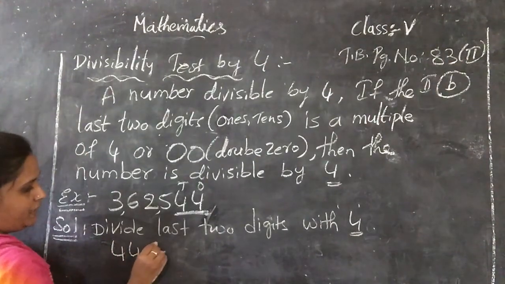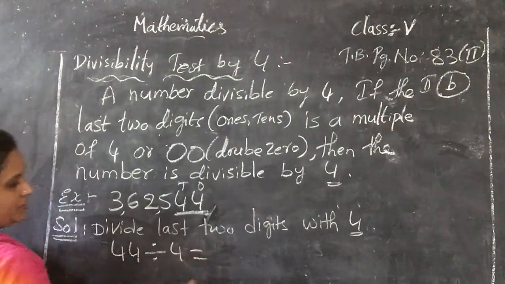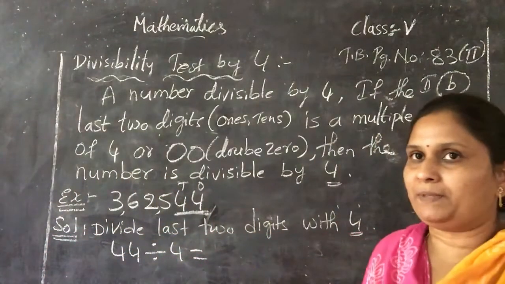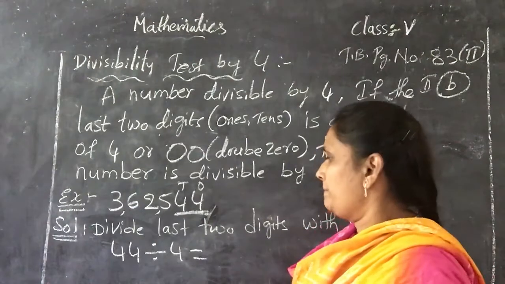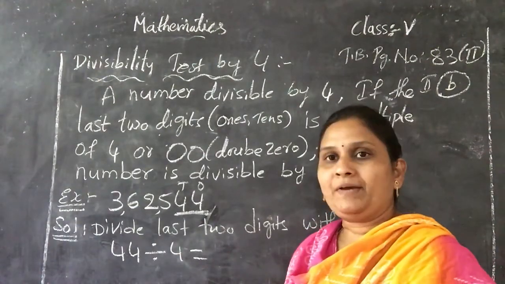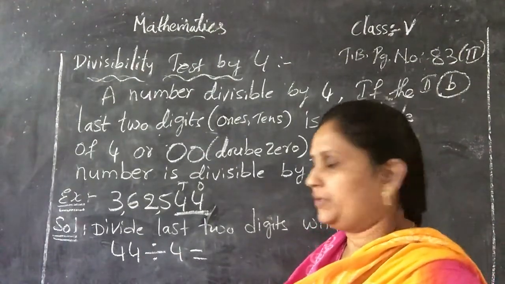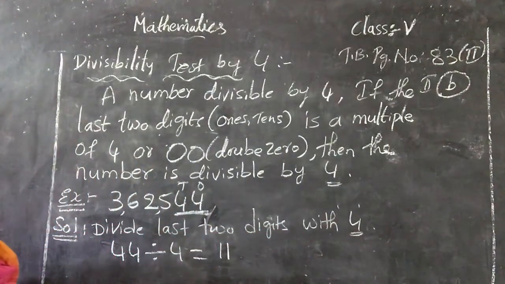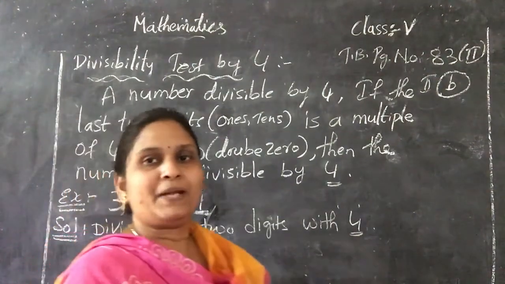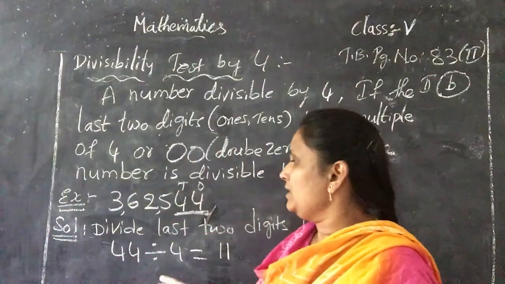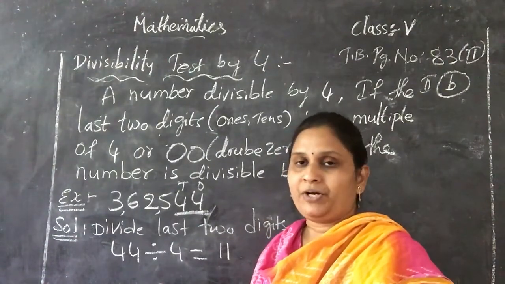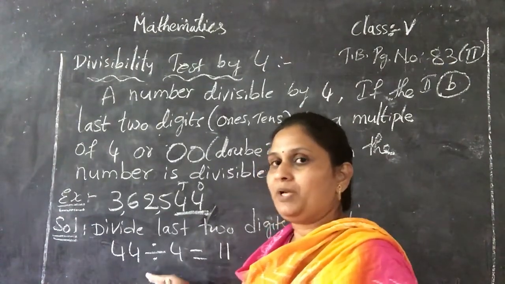So, 44 divided by 4. In the 4 table, 44, how many times is it multiplied? 11 fours are 44. So, 11 times. Isn't it? So, it means as it is divided by 4, 44 is one of the multiples of 4.